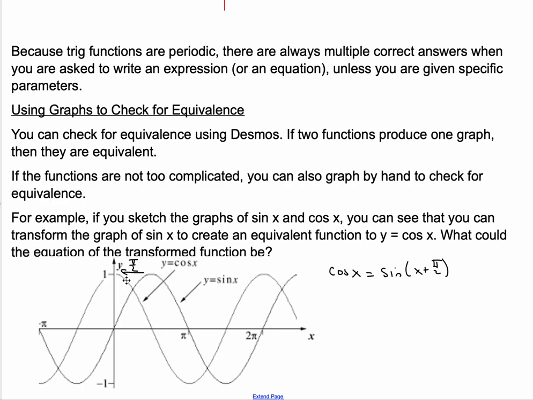You've got lots of options, but this is what I mean by expressions that are equivalent to one another. Those are equivalent because they would produce the exact same graph. And notice, no math, no calculator, no degrees, just looking at the picture and thinking about transformations.